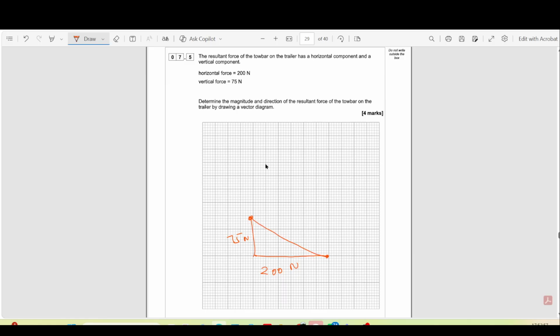We can find it using the Pythagorean theorem. The resultant force is the hypotenuse, this diagonal.